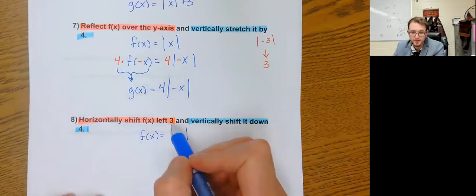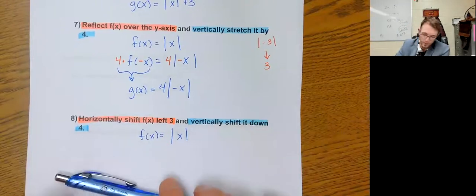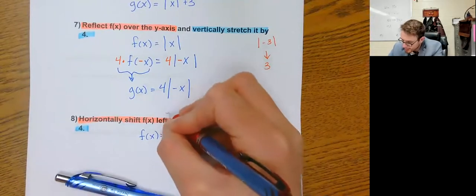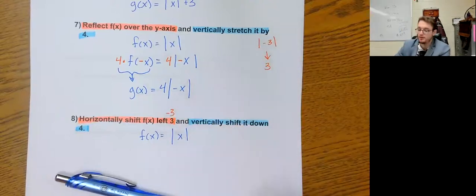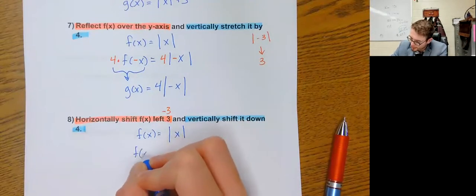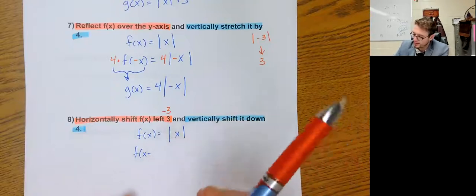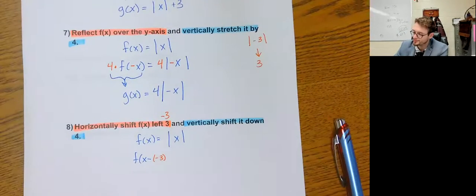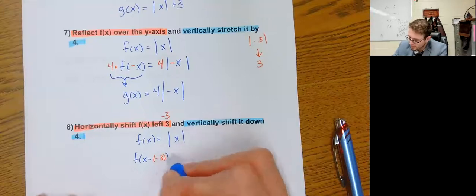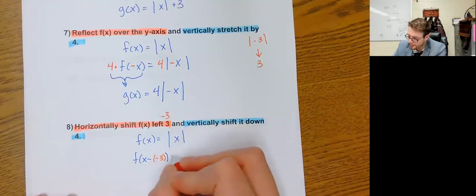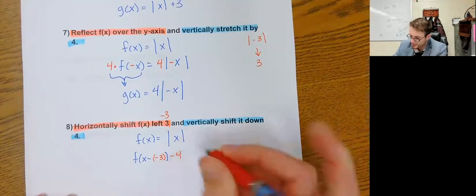So horizontal shift left 3, we've done one of these in this video, and when we're going left, that means that we're going to subtract off a negative 3 to the input. So we're going to have f of x minus, but we're going to subtract off a negative 3 because we're going to the left. And then vertical shift down means we're going to subtract 4 off of the whole function.